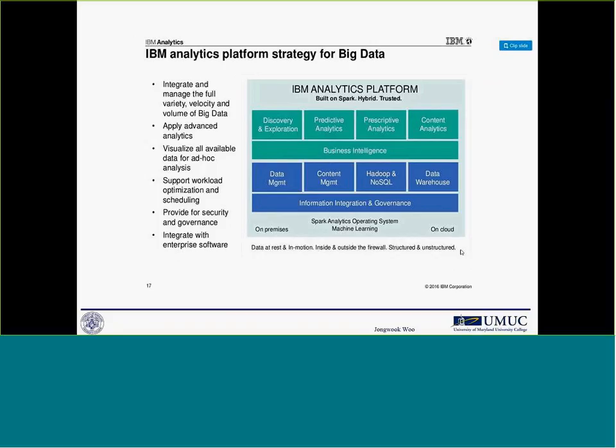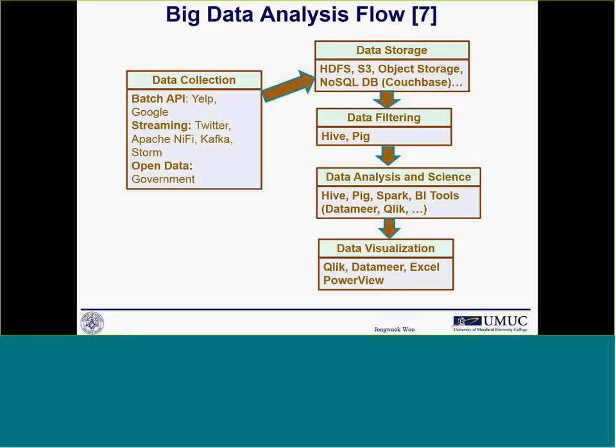So same thing for this slide. So for a massive data set, you have to understand the big data analysis flow. First, you actually need to collect the data from, for example, using API services from Yelp and Google for business listings.